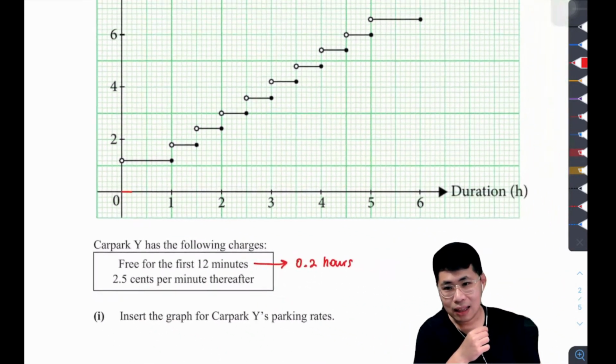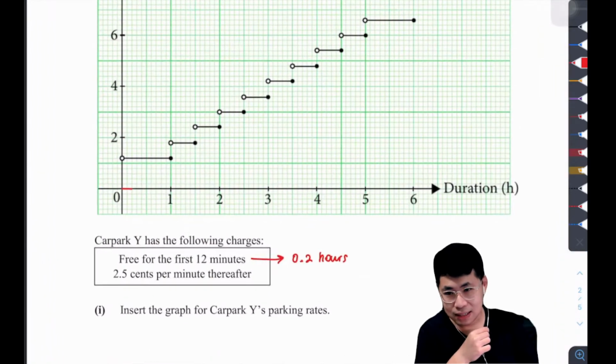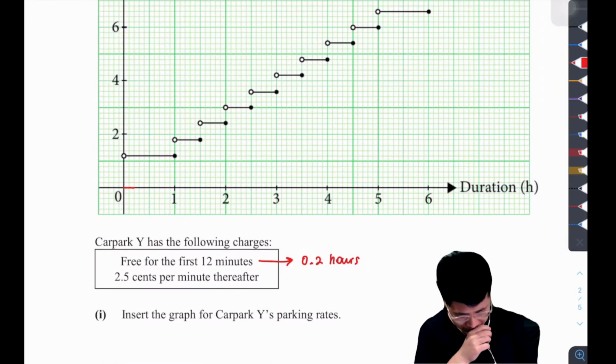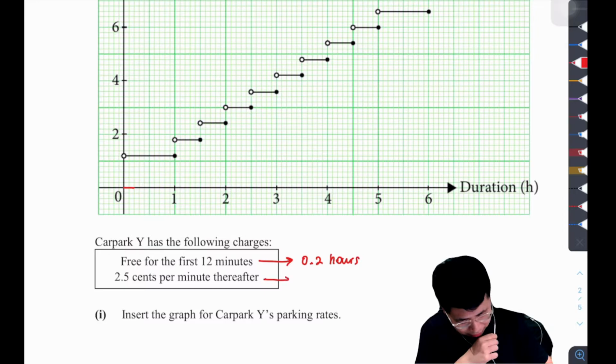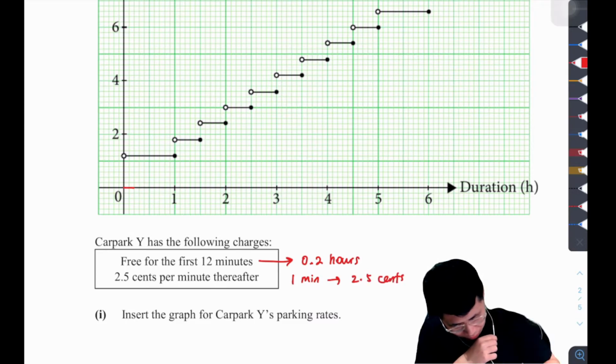Then we have 2.5 cents per minute thereafter, so in the next 1 hour, if you have 2.5 cents per minute, you raise by 2.5 cents every minute. In 1 hour, which is 60 minutes, that's easier to draw.